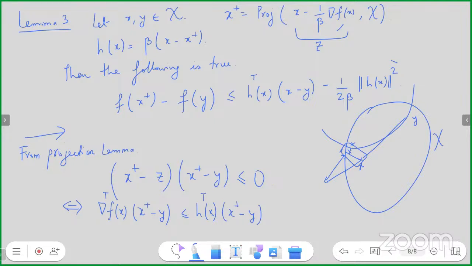Just using the definition, nothing else. If somebody doesn't see it, let me know. That is why beta has been absorbed in h of x. Here, beta will pop out, which will be absorbed in the definition of h of x.